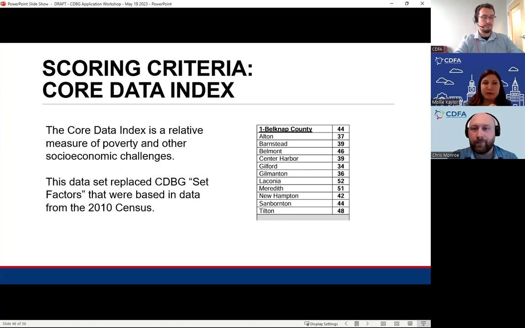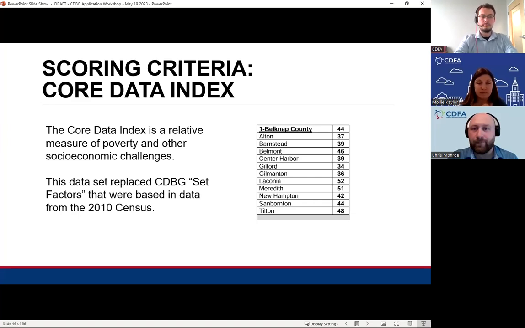And a few years back, we moved to looking at this core data index as one of the scoring criteria in your CDBG application. We worked with the New Hampshire Fiscal Policy Institute to assemble data from a variety of sources. The data is displayed at either the municipal or county level. And each data set deals with a specific topic such as poverty, population, or access to health care.